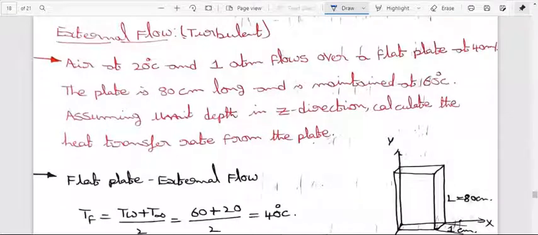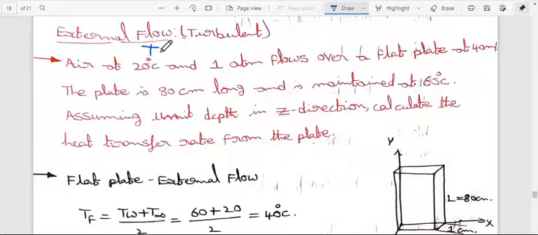So next question. The air at 20 degrees and 1 atmosphere flows over a flat plate at 40 meters per second.